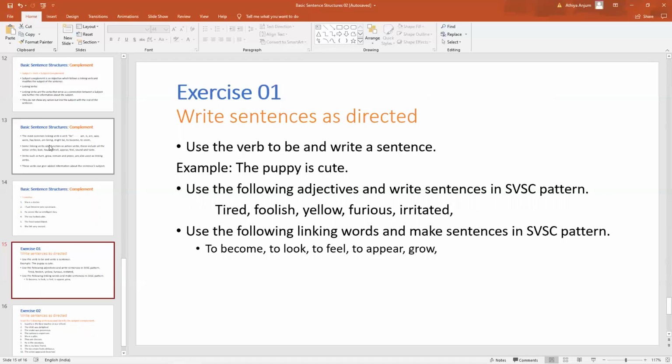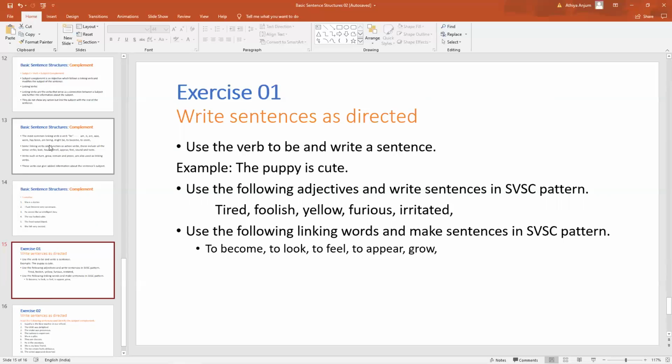Then the next one, use the following adjectives and write sentences in SVSC pattern, like tired, foolish, yellow, furious, irritated, happy, any of them, at least 10 adjectives, and write down 10 sentences, right? Then the next one, use the following linking verbs, which you have just learned, and make sentences in SVSC pattern.